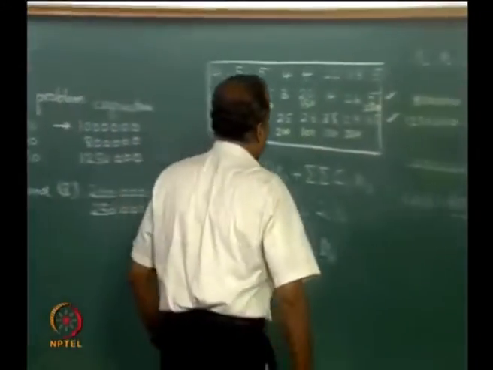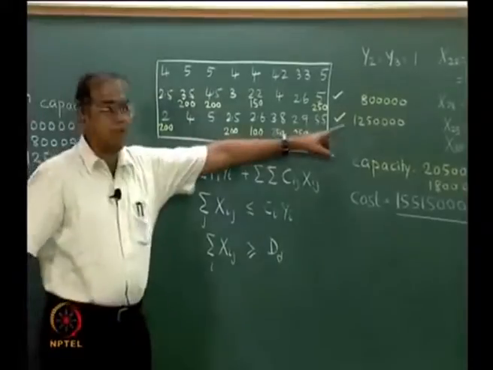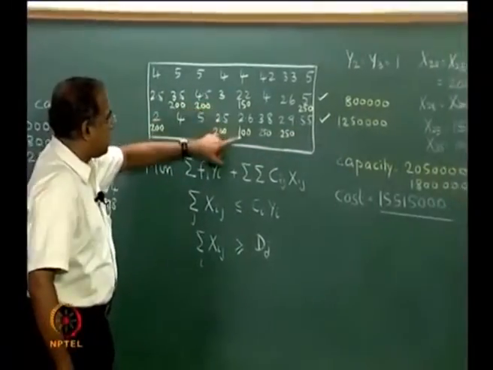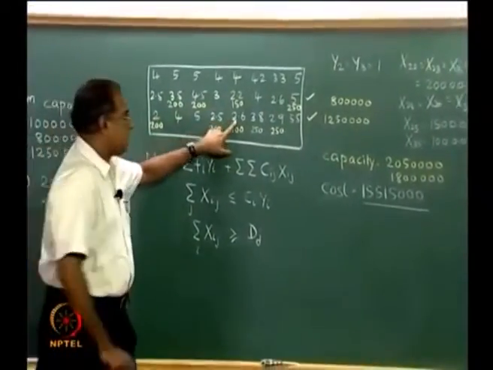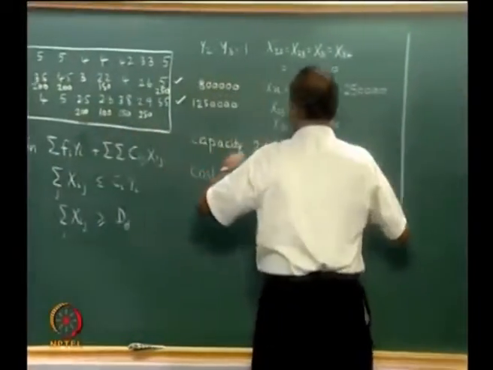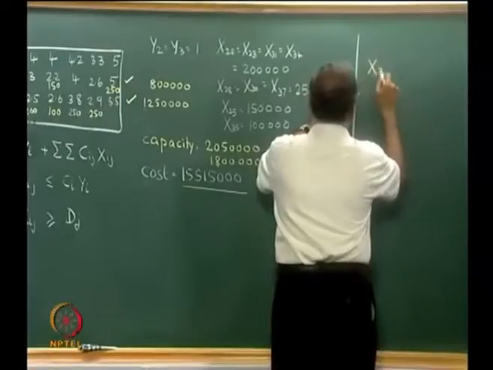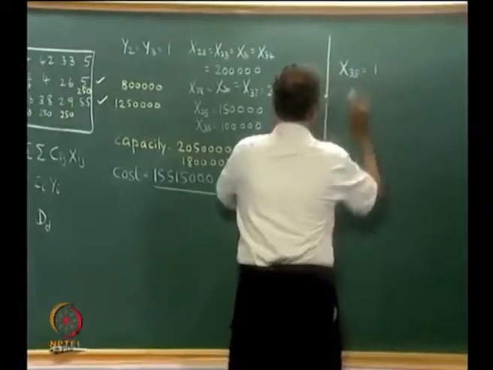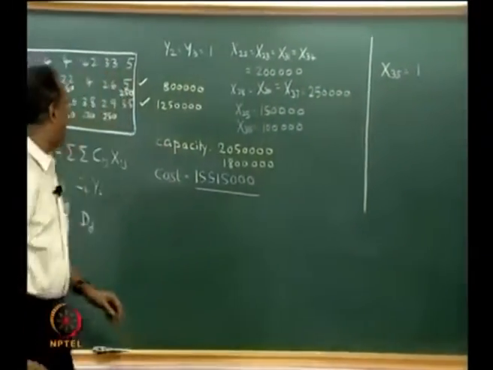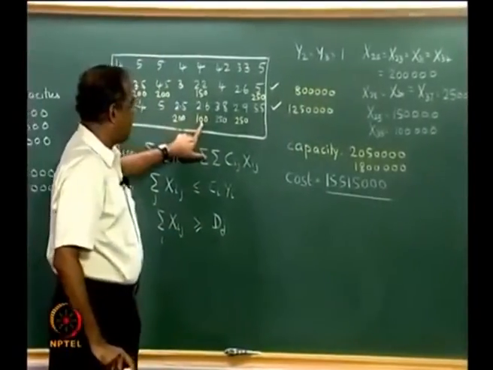In this case, since there is additional capacity, this entire demand will be met from here. So, the only change in the solution would be that x35 will be equal to 1 and the entire demand of 5 will be met only from this.